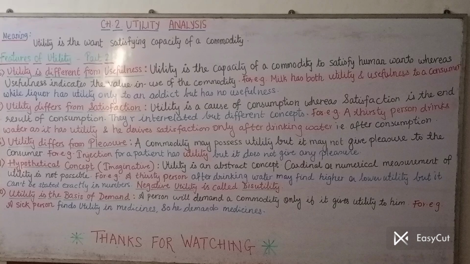After drinking water, he may tell us whether he found higher or lower utility. He may tell us, I was very much thirsty, so I found higher utility. Otherwise, he may also say, I was not that thirsty, so I found lower utility. But he can't state that utility directly in numbers. Exact numbers he cannot tell.